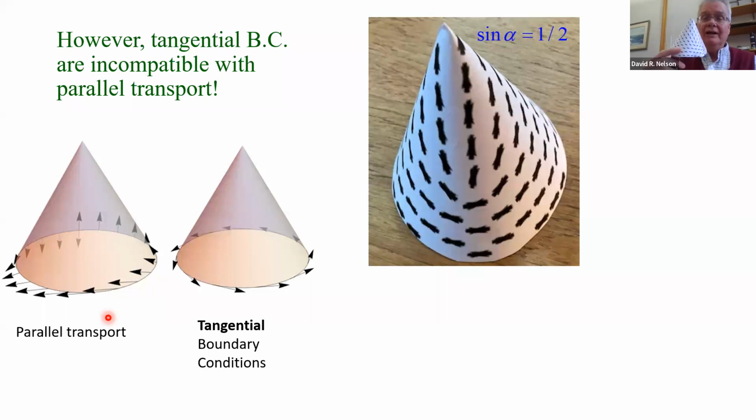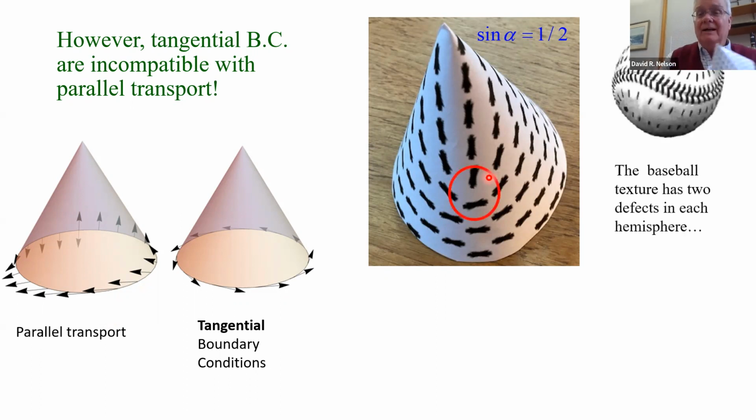If you look on the flank of the cone in this picture right here, and the cone I'm holding up, and my finger is in front of it now, there's a +1/2 defect, a standard nematic defect on the flank, but only one. And if this were a sphere, like in this baseball picture here, you can see that topologically, a cone is equivalent to the northern hemisphere of something.